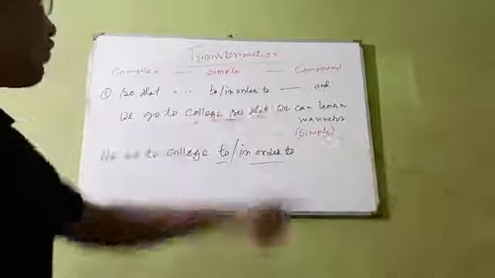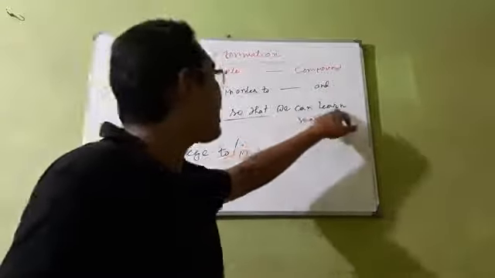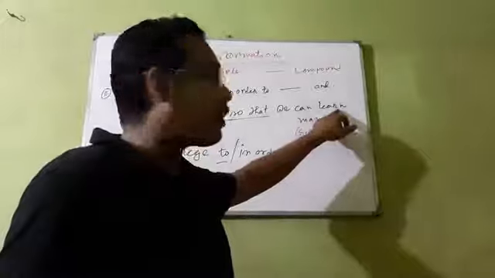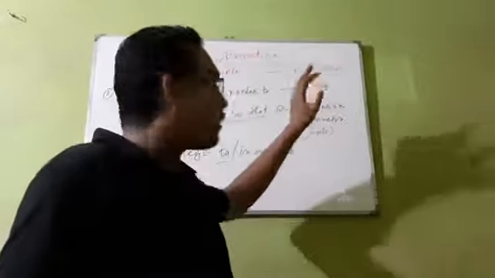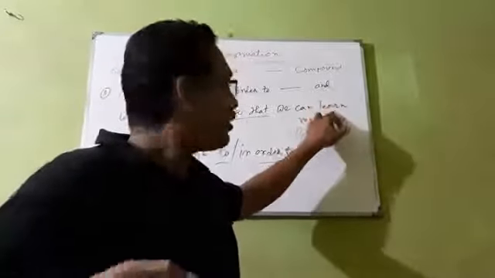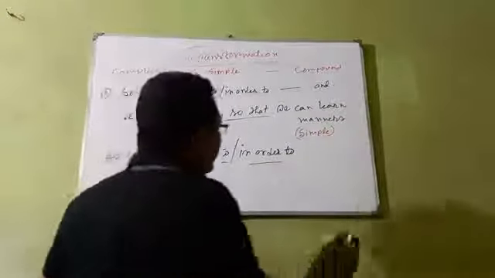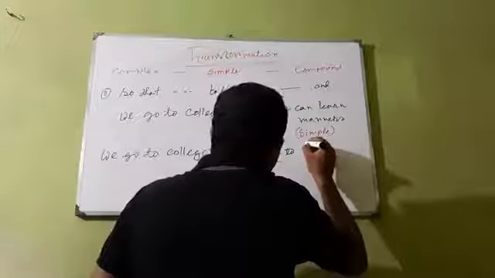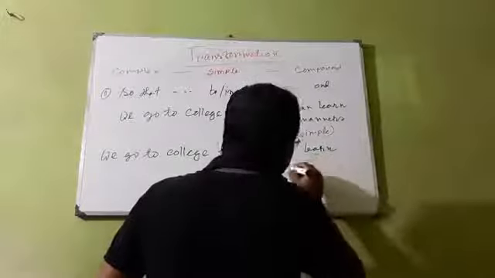Now we have to find out what is the principal verb in the rest part of the sentence, and it is learn. We have to continue from the principal verb of the sentence. We have to write down the rest part of the sentence, and our principal verb is learn. Learn manners.